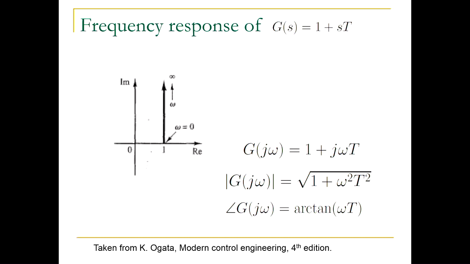So we are just now plotting frequency response as I defined it earlier. So this is what you get, right? When omega is 0, what is G(jω)? It's 1. But then this is that point. But note, as omega goes to infinity, G(jω) always has real part 1. The real part is independent of omega, it always stays the same.